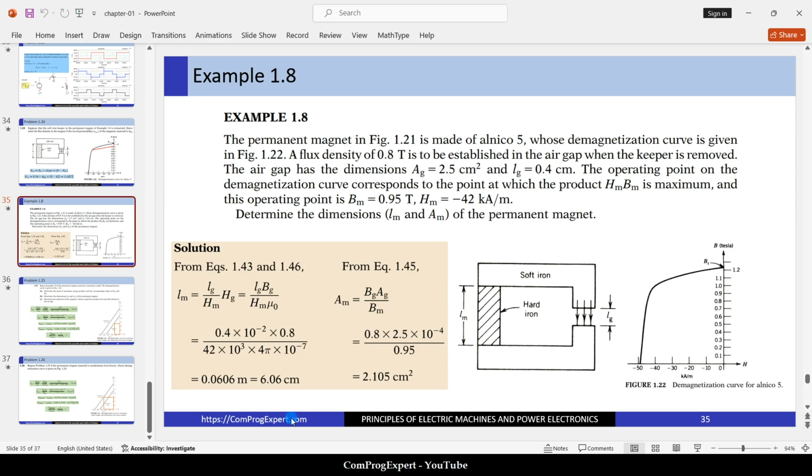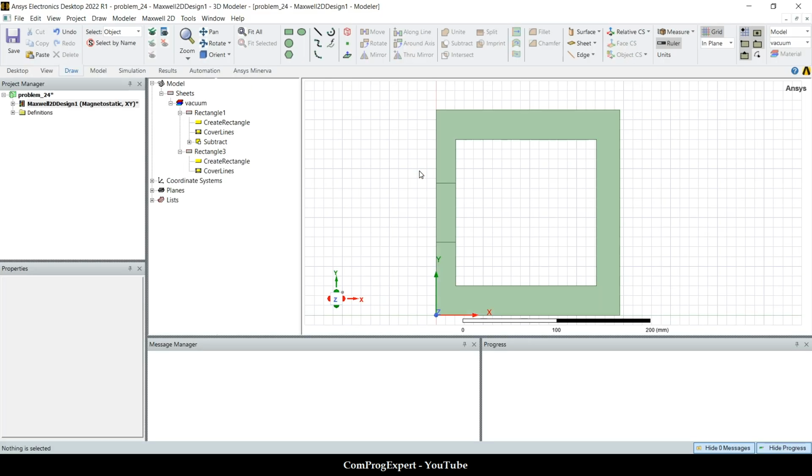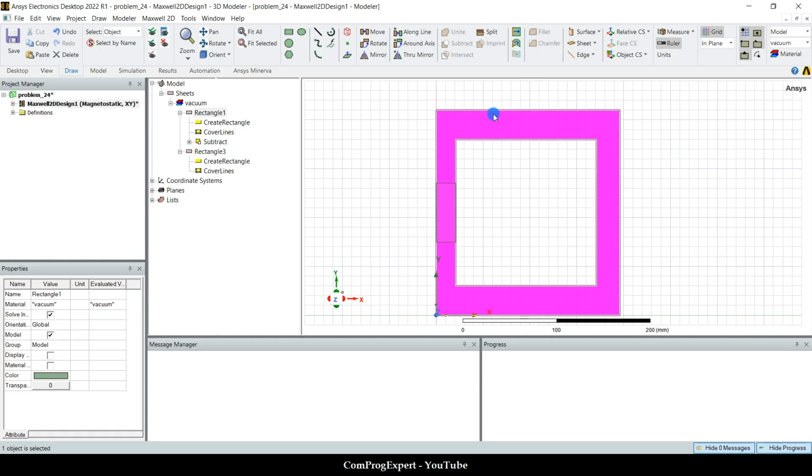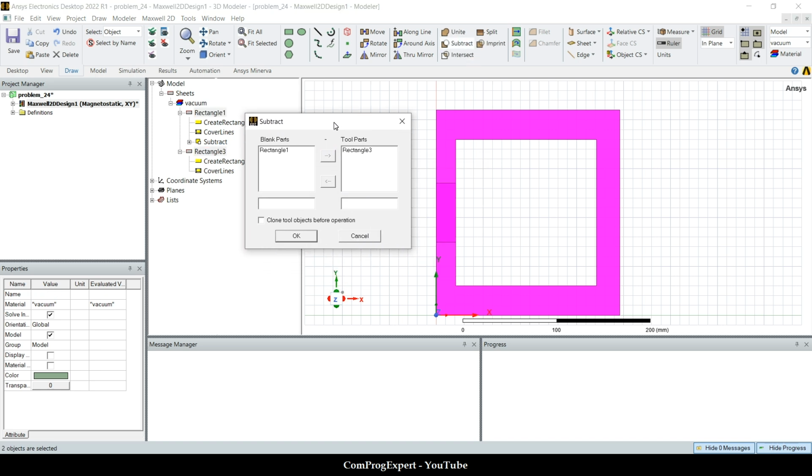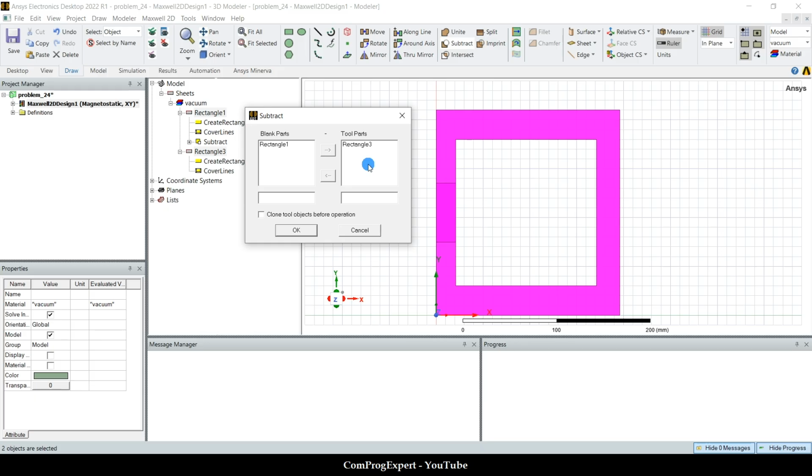Anyway, here I select this rectangle object first, rectangle 1, hold the control key and select this one, subtract, but this time we are going to keep the geometry of the magnet.